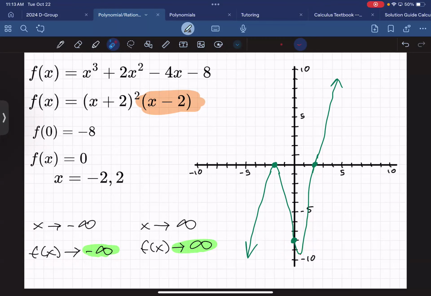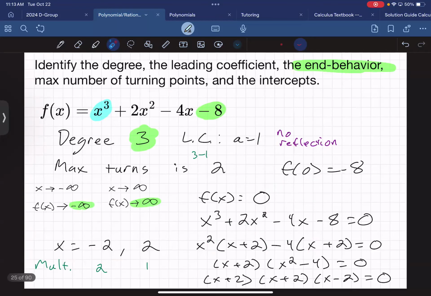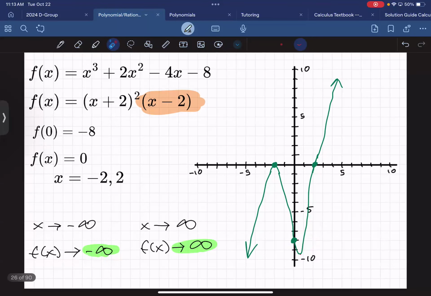Questions, concerns here I could clear up as far as talking about this function f of x, going through the process of finding everything and then using that information to help us graph? Over the next several days, know that we're going to be adding to this, because one of the issues that we're going to run into is what happens when I can't factor it.